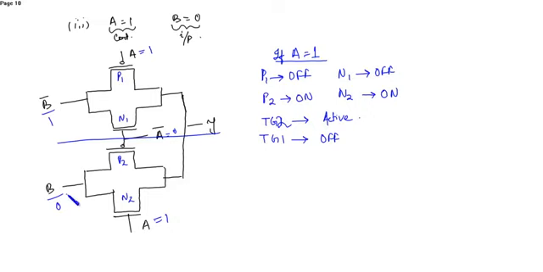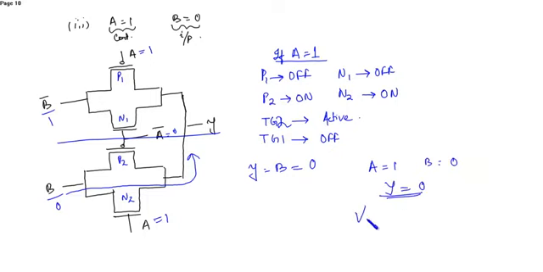So this B will be available at the output. So Y is equal to B. Here B is 0. So if A is equal to 1, B is equal to 0, then the output Y is equal to 0. This is verified.